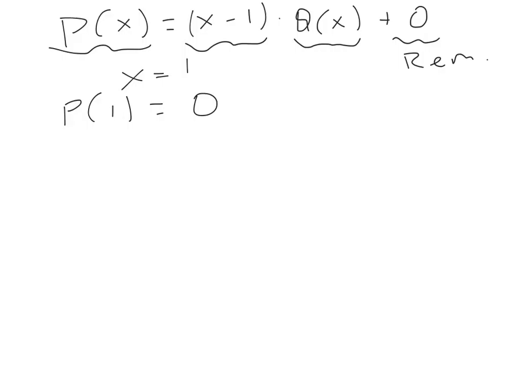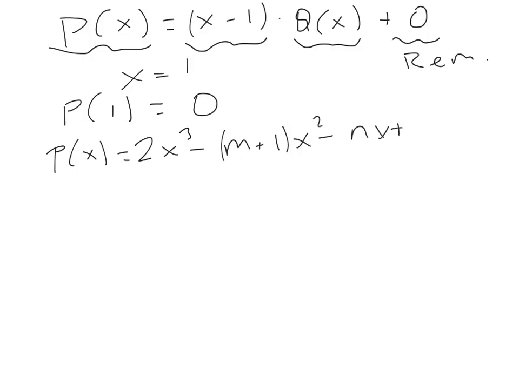P of x was 2x cubed minus m plus 1 x squared minus nx plus 3m minus 1. So p of 1 must be 0, meaning that x must be equal to 1.